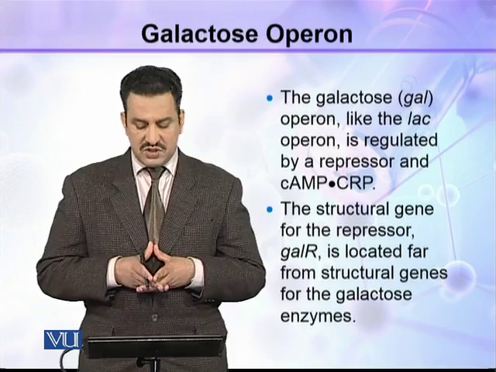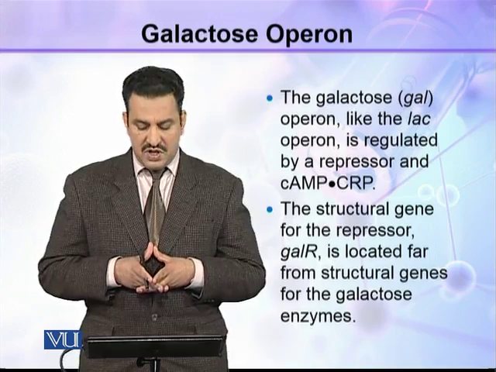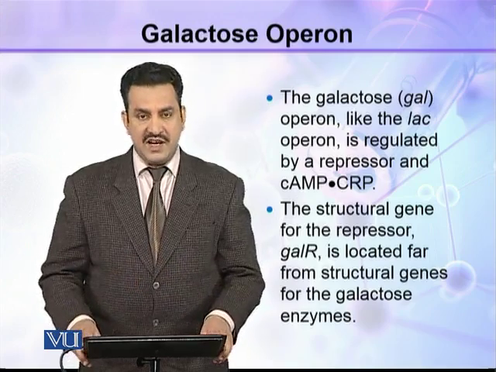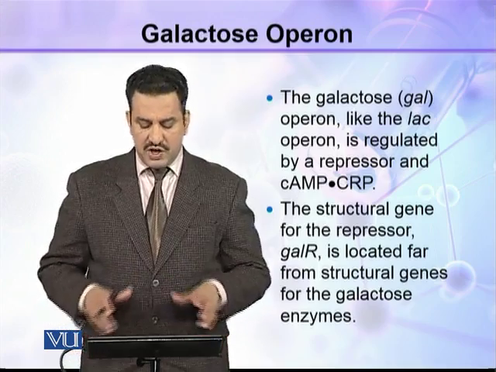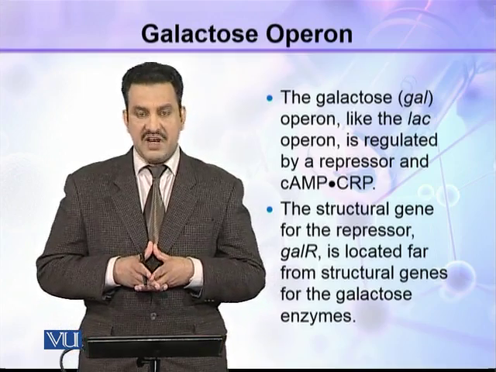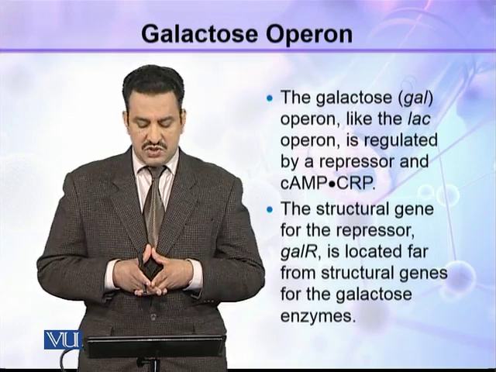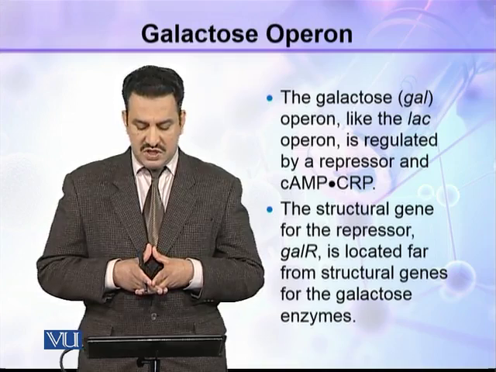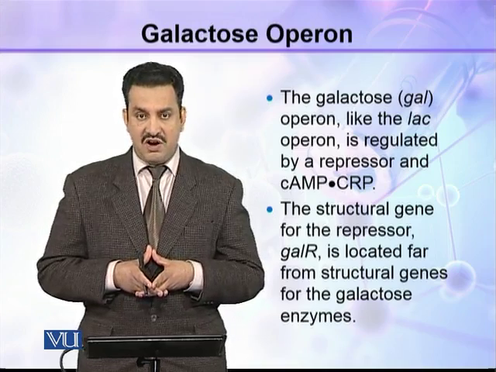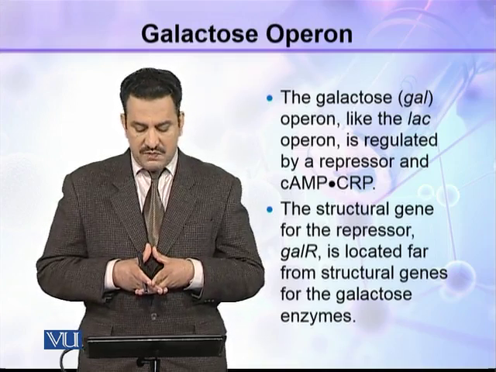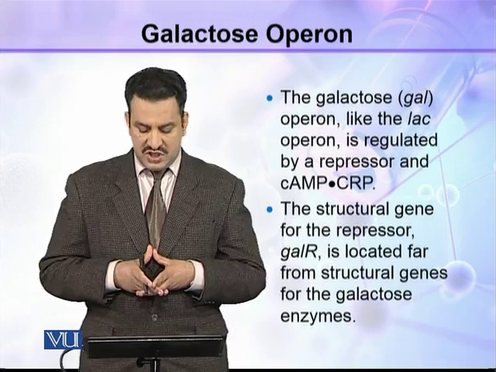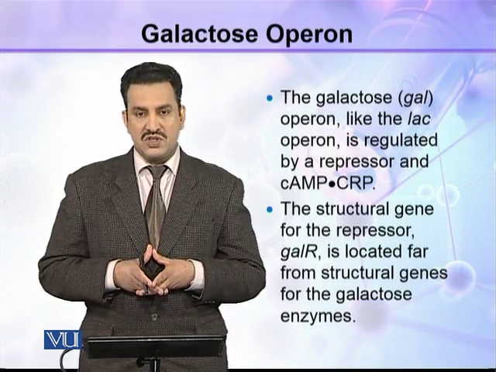The galactose or GAL operon, like the LAC operon, is regulated by a repressor and the cAMP-CRP complex. The structural gene for the repressor GAL-R is located far from the structural genes for the galactose enzymes.